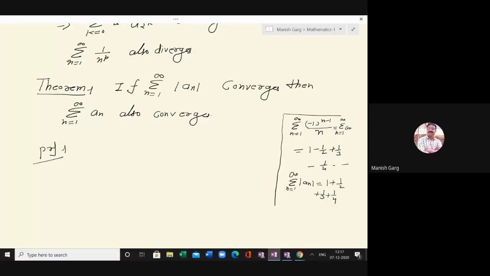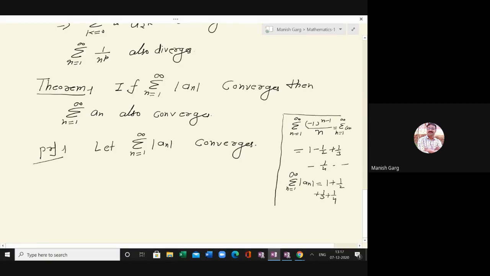Okay, so if series n is equal to 1 to infinity mod an converges then the series an converges. I am giving the proof of this because the proof is simple and can be done by using the comparison test. Suppose the series n is equal to 1 to infinity mod an converges.